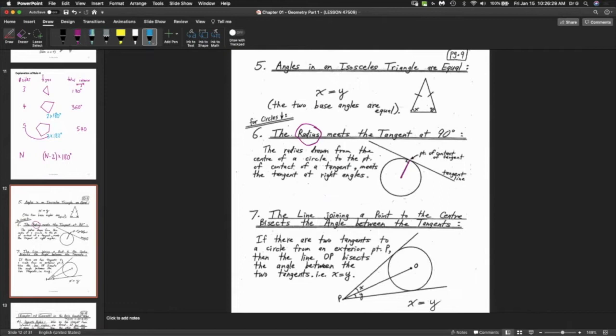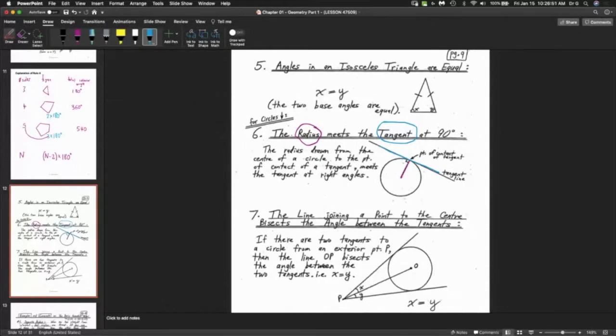But many of you might not be familiar with the word tangent. The word tangent refers to this line here that just touches the circle. And whenever you have a radius and a tangent, these things will always meet at a right angle. They will always meet at 90 degrees.